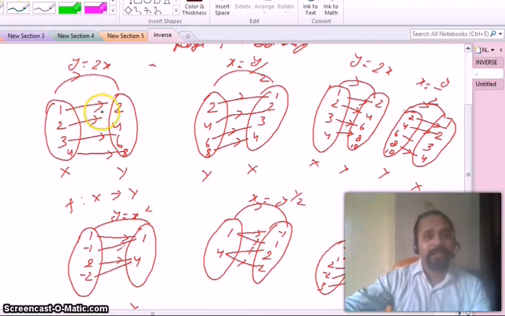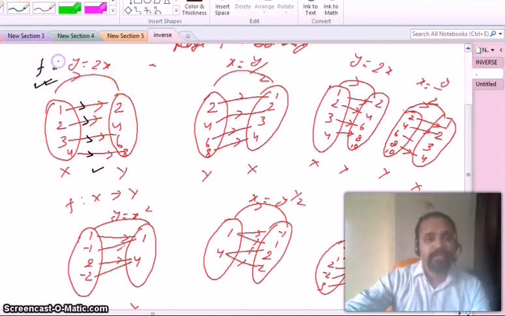Let us see by example. Let us see this function. Just take the function y equals 2x. If x equals 1, y equals 2, then 4, 3, then 6, 4, then 8. This is a one-one function, and if we want to find the inverse of this function f such that y equals 2x, then there must exist a function g such that x equals y by 2. That means the value of x in terms of y.